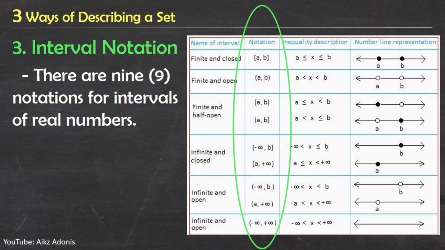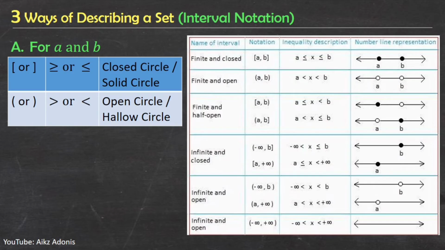If you observe the relationship among the notation, inequality symbols used, and kinds of circle in the graph, you will see that open or closed bracket is used when the inequality symbol used is greater than or equal to or less than or equal to.